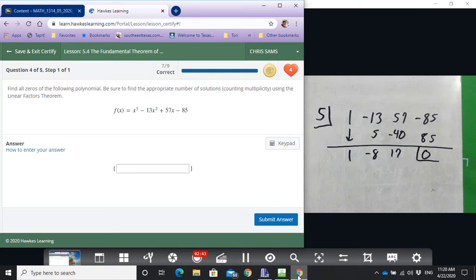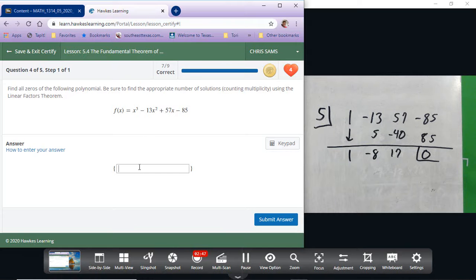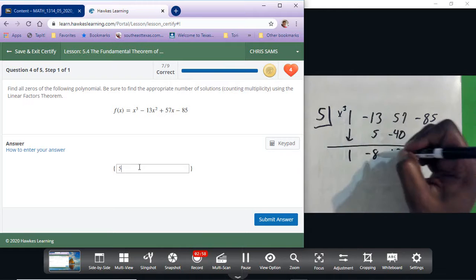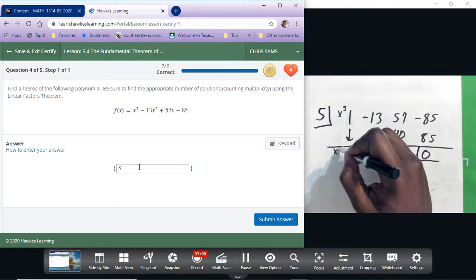I'm going to go ahead and type that into my little box over here. 5 is one zero. Now 5 may work again, not sure, but we're going to just factor it. We started out with x to the third, and when you divide out 1, now we're dealing with x to the second power.